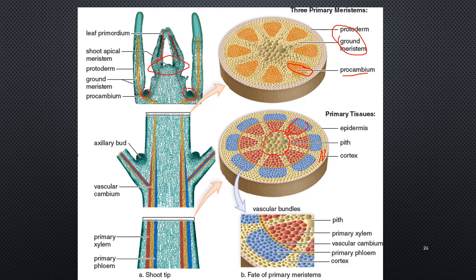So if we look at an enlarged view of this, here is our primary xylem and our primary phloem, and then what develops in between is the vascular cambium. And remember, that vascular cambium is going to produce secondary xylem to the inside and secondary phloem to the outside.